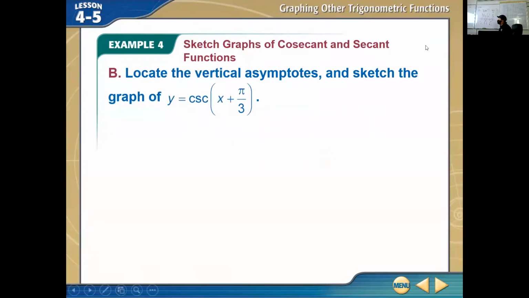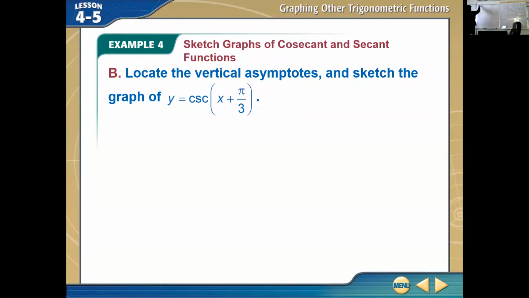So here's a cosecant one. I'm going to handle it the same way that I handled that secant graph.